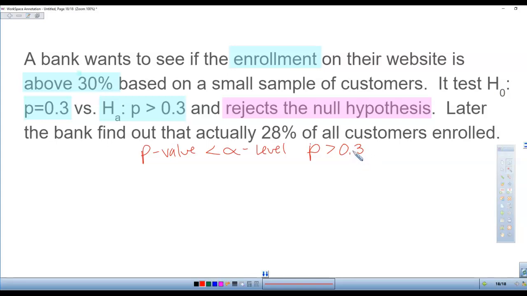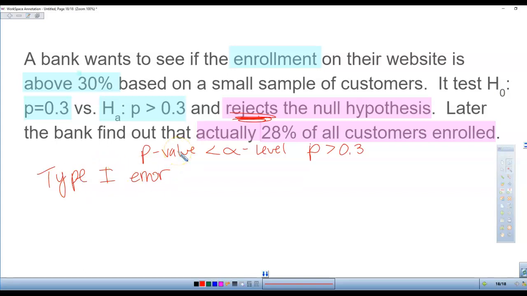But then later, the bank finds out that actually 28% of all customers enrolled, which is less than the 30% that they were interested in. So they rejected the null and accepted the alternative when they should have failed to reject the null. Because they rejected the null hypothesis, this is a type 1 error.